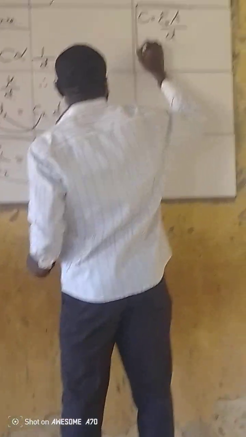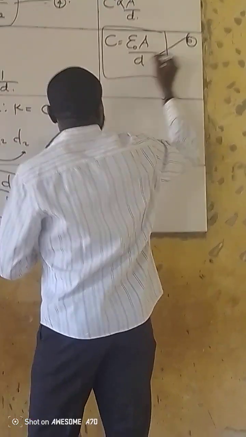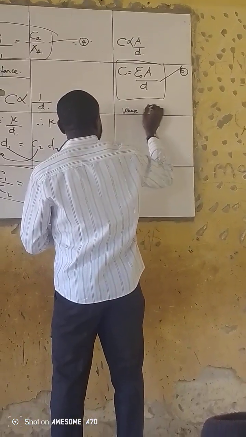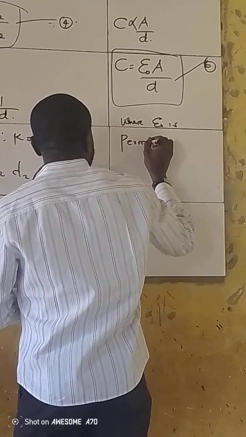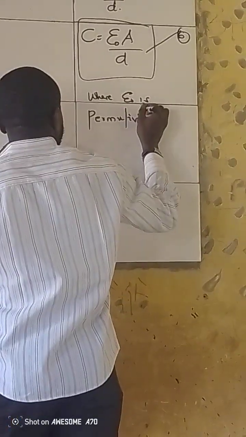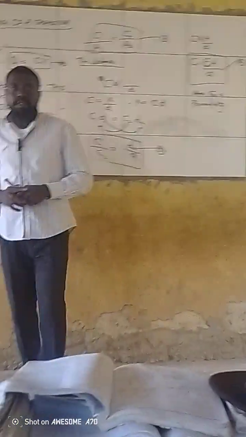This is a very important formula, equation 6, where epsilon naught is permittivity. So we'll solve questions under this.